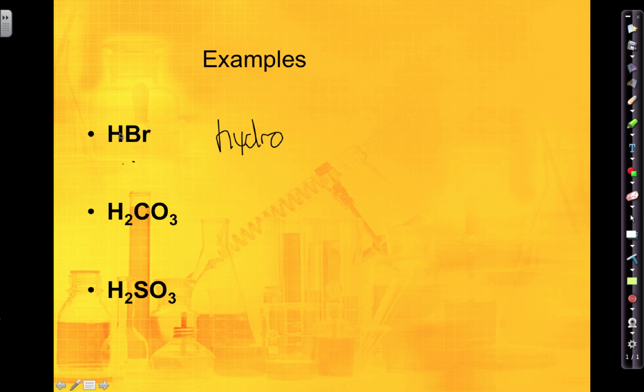It's got two elements, so it's got a hydro prefix, and then it would be bromic acid. So hydrobromic acid. If I had HCl, it's two elements, so I know it's got to have the hydro prefix, and then that ending becomes chloric acid.